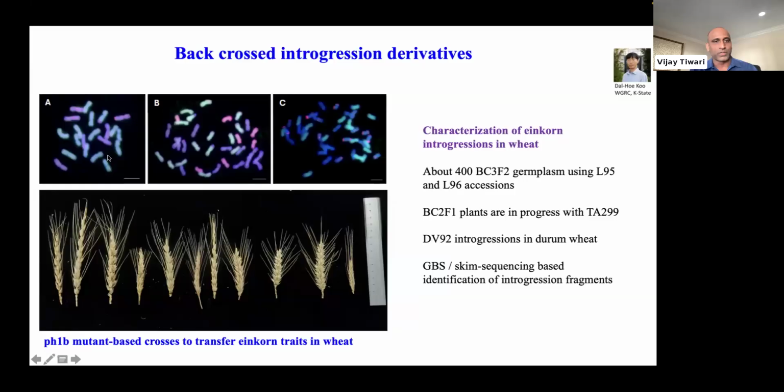You can see that these 14 chromosomes are from einkorn, and then they were backcrossed with bread wheat. And then he used the ph1b mutant pipeline, so there will be some recombination between the genome of monococcum and the wheat chromosomes. And these are some examples of the different introgression lines.